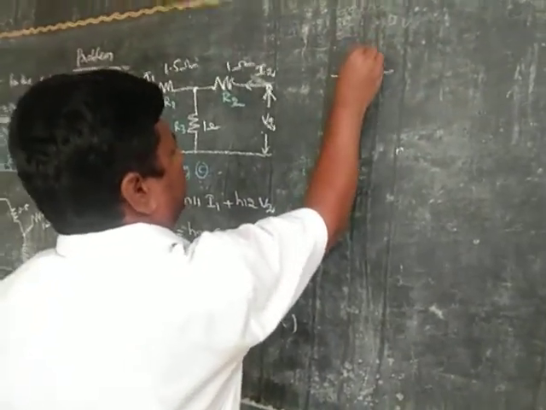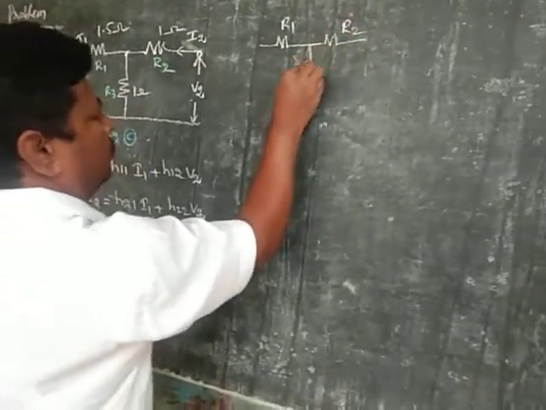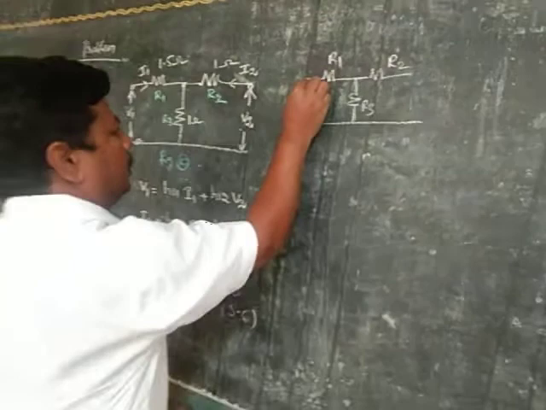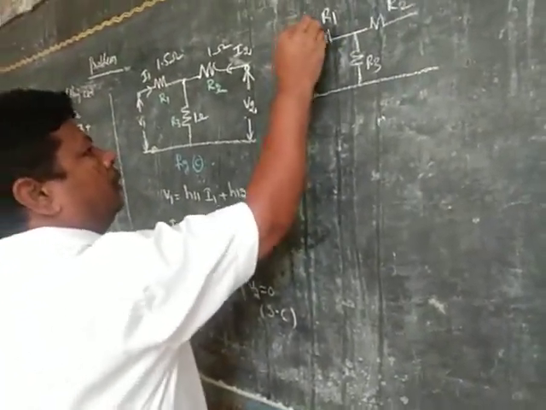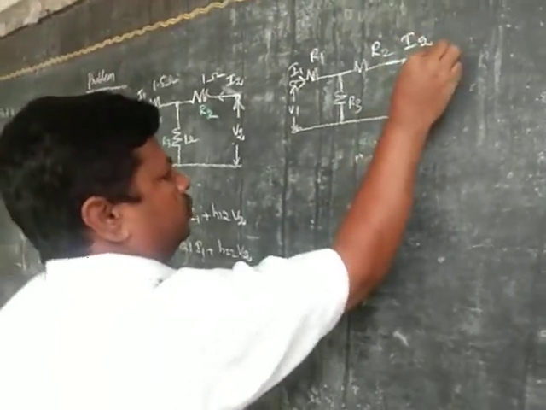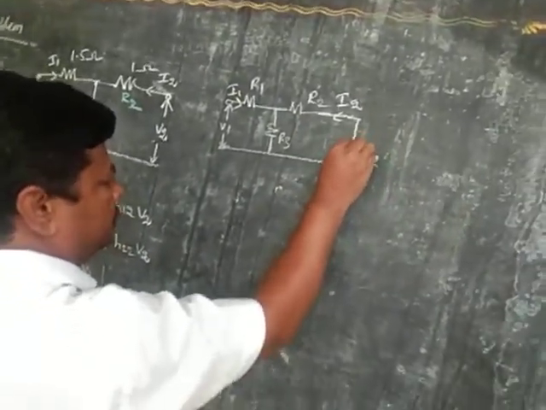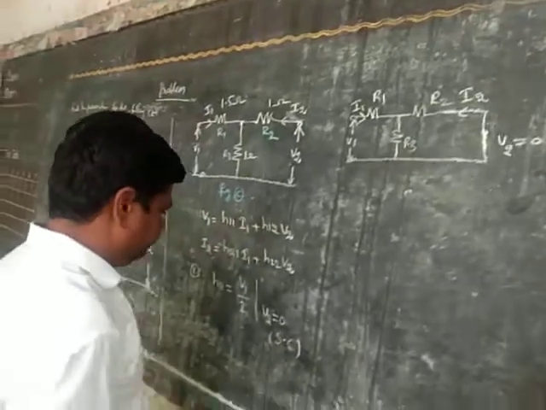Here it is R1, here it is R2, here it is R3, here it is V1, I1, here it is I2. Now here it is V2. V2 is short circuit. V2 is equal to 0.